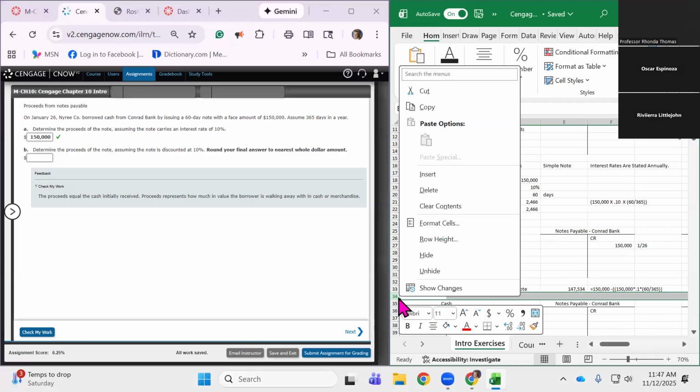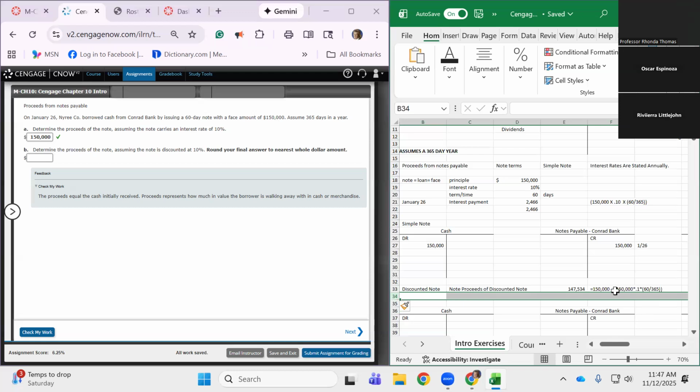This is the interest. The interest is $2,466. So let me put one more display here so that you can see it, right? So we're showing equals 150,000 minus the 2466. Okay, minus the 2466.